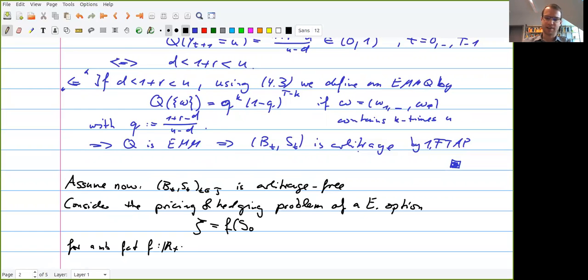So our prices are positive, to R plus. So we want to have a non-negative payoff. And we plug in the T+1 prices, so the prices we observe in the market. So these are our options.